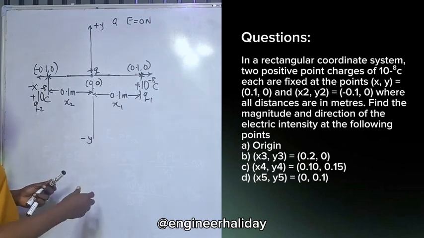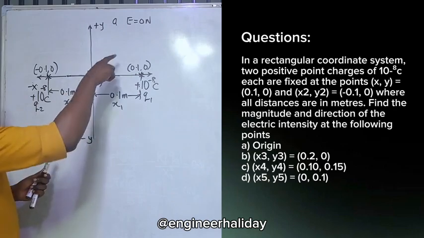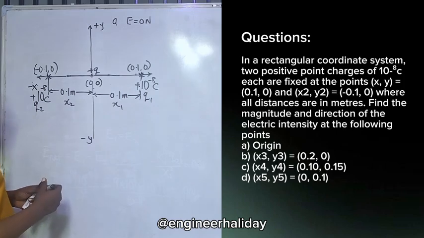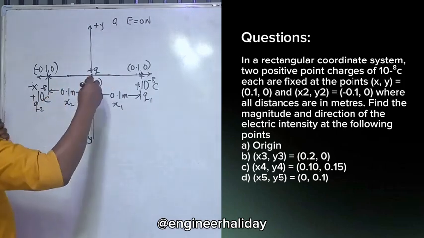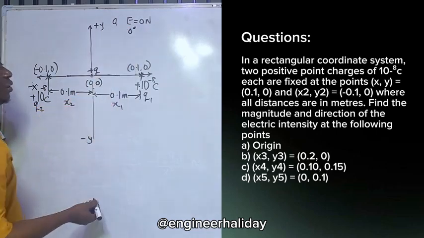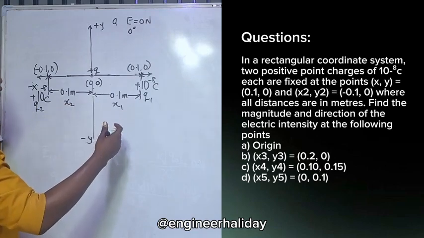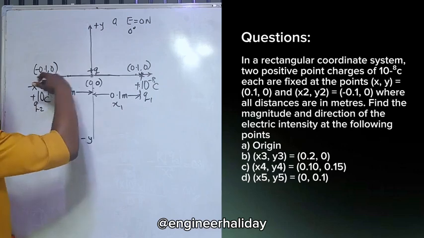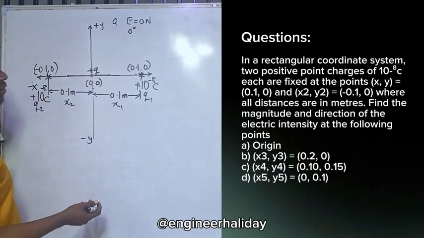So the net electric field along the X axis is 0. If you use your direction, you are going to have zero angle. It's equilibrium along the X axis.